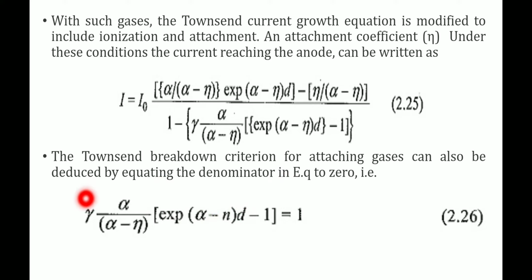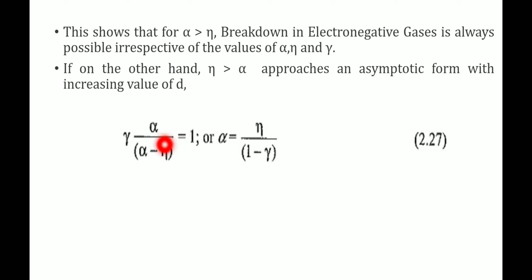Then what remains is gamma into alpha divided by alpha minus eta equal to 1, or we can write alpha equal to eta divided by 1 minus gamma. This is the equation for the breakdown process in the presence of electronegative gases. Getting my point?